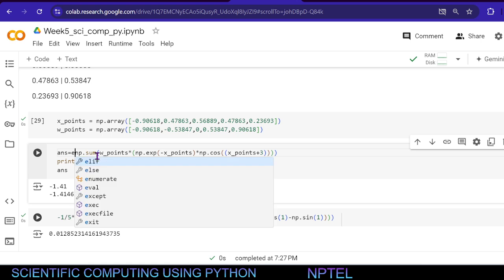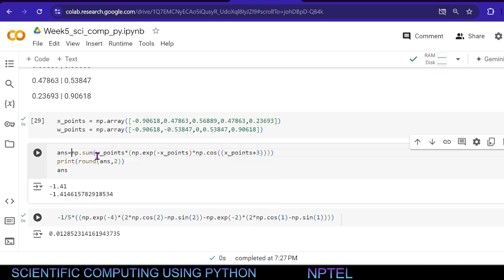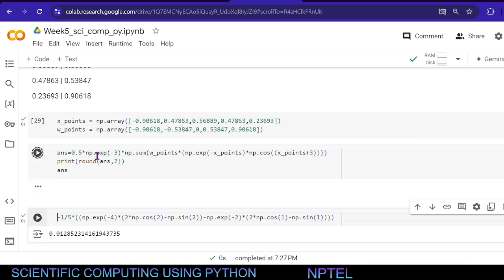Outside we had the factor np.exp(-3), and there was a half, so 0.5 times that. Still not good. The answer should be around 0.01.